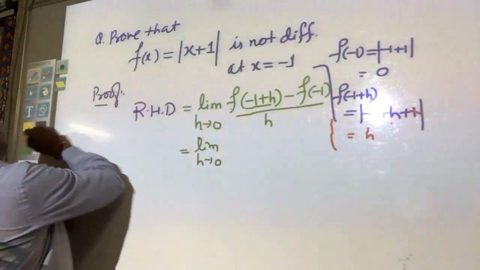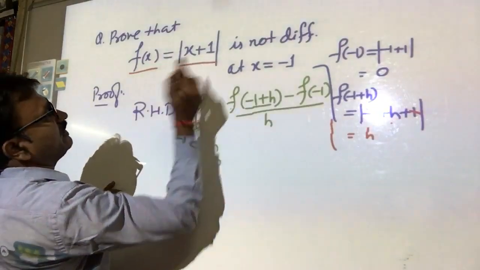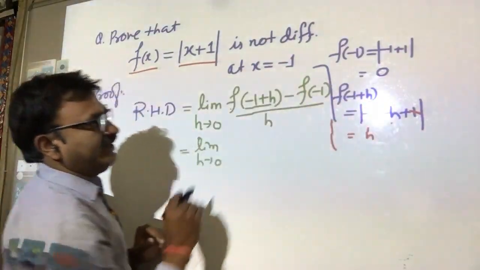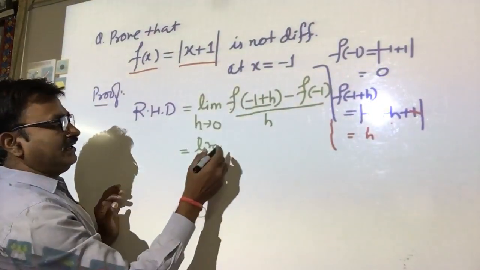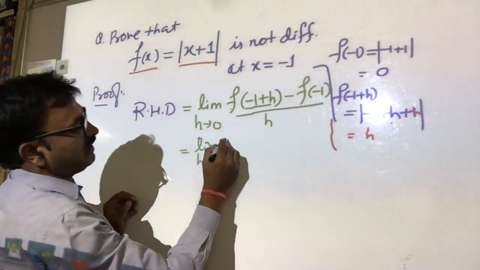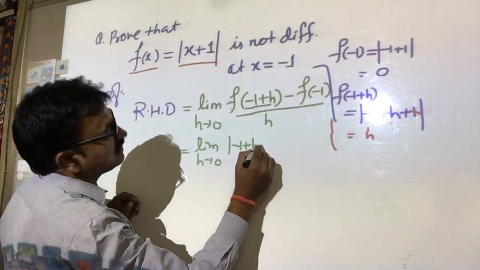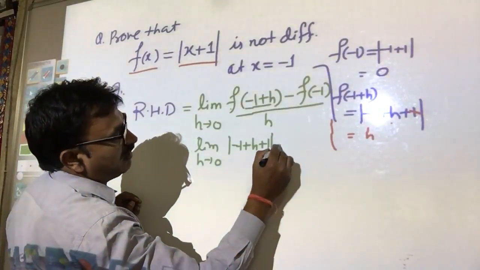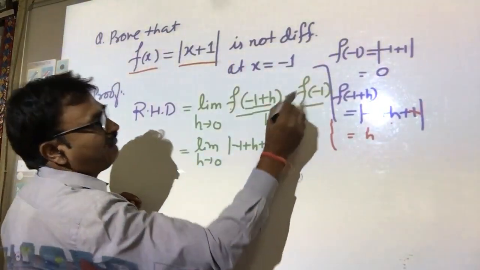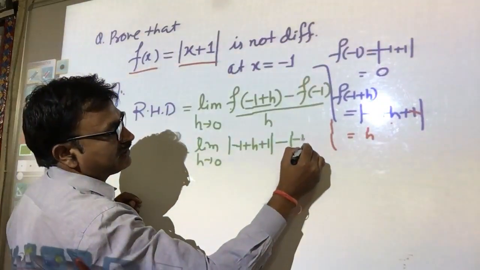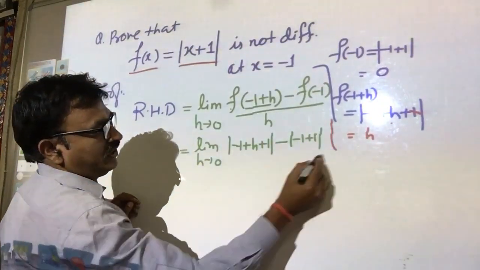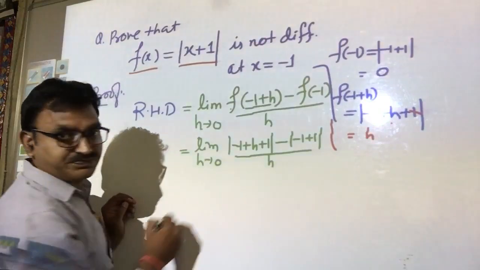Our function is f(x) as given, and we have already found these. So this will be |-1 plus h plus 1| minus f(-1), which is |-1 plus 1|, divided by h.